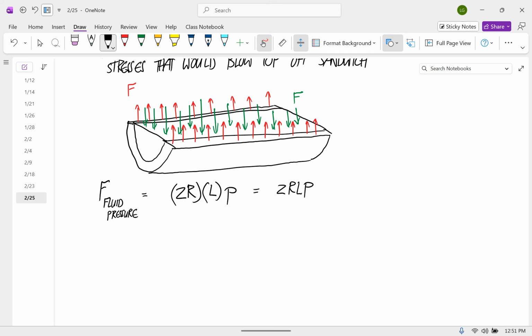And now we're going to calculate the force applied to the metal by the metal above. This is going to be the stress times the area of the metal. And the area of the metal is just, think of this as two long rectangles. Those are equal to 2 times the thickness times the length.